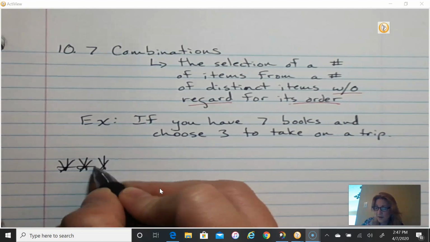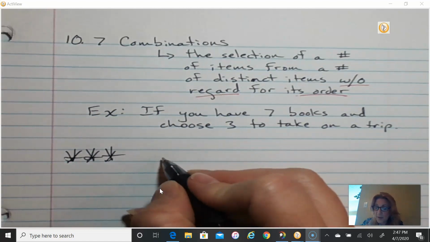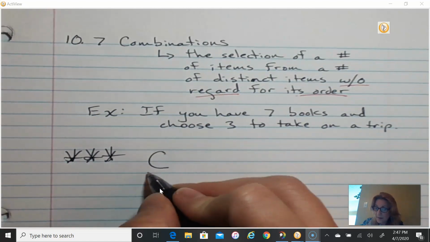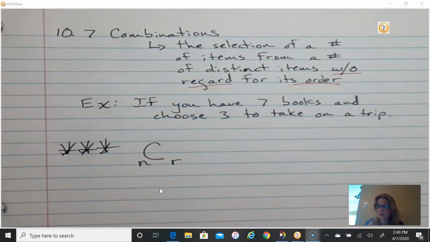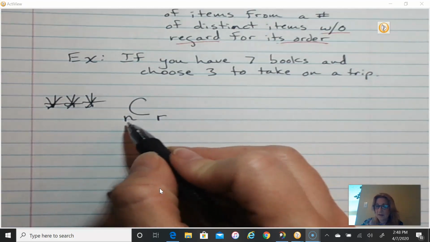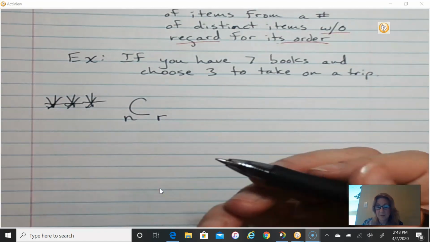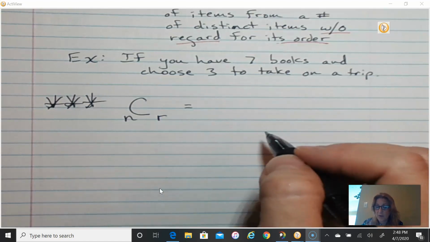This is going to be short today, guys. The formula for this one is like the P, but it has a C with the N and the R. So N and R are the same, the C is different. However, this part, the actual formula, is a little bit different.